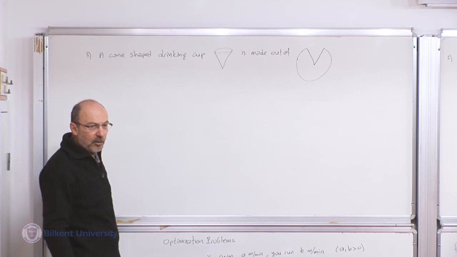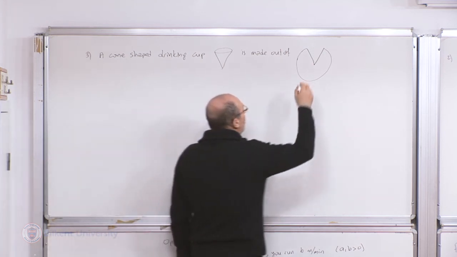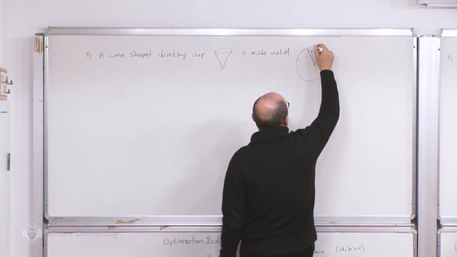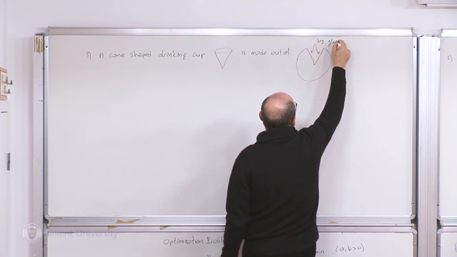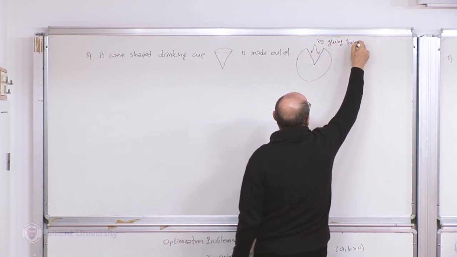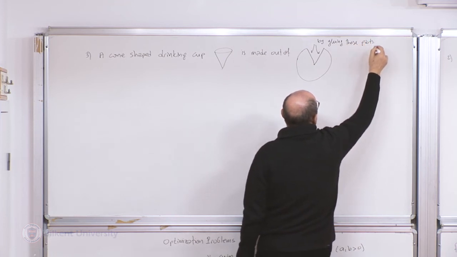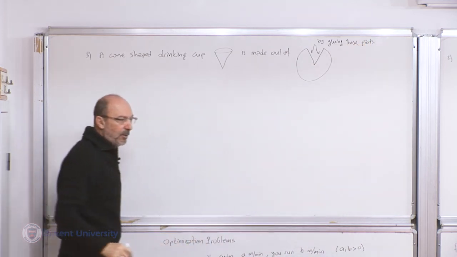You cut out a sector of the disk, then glue these parts. By gluing these parts, you obtain a cup.